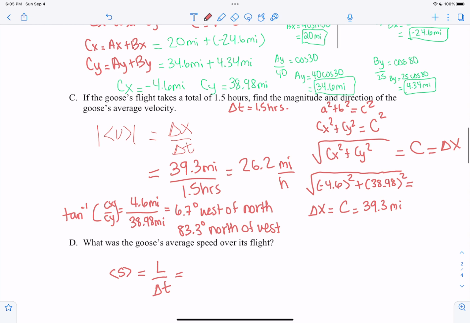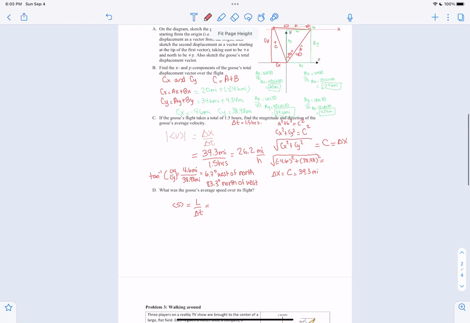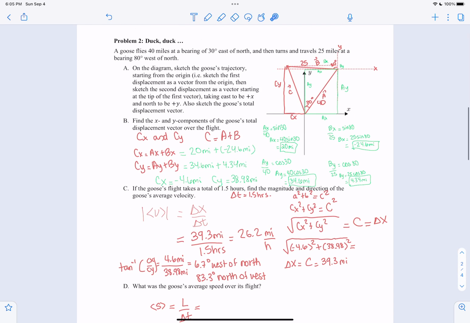So we know our time was 1.5 hours from before, but what's our total distance? How can we calculate that out? Yep, excellent, great job. So yeah, absolutely add up the 40 and the 25 because that's your path length, right? Think about the whole displacement versus distance thing.